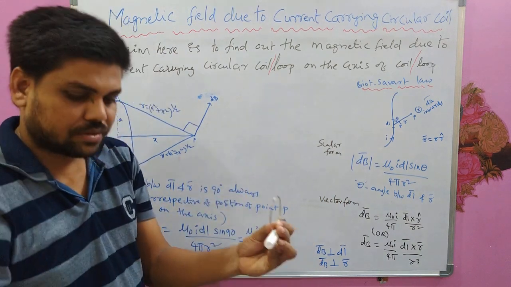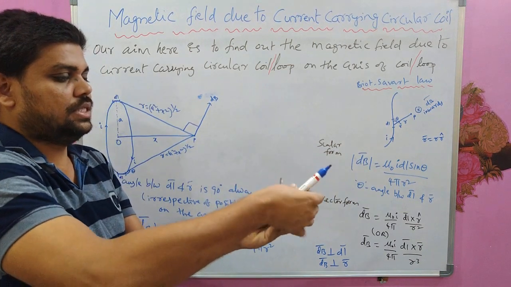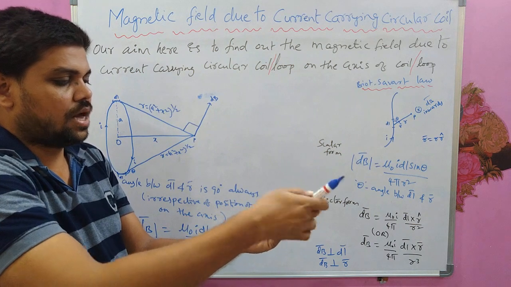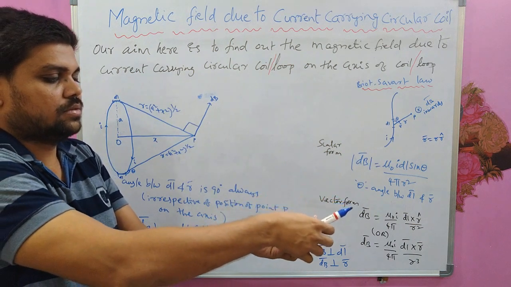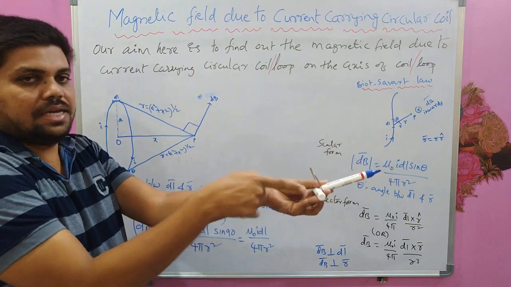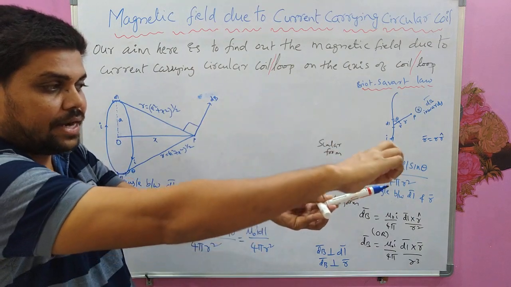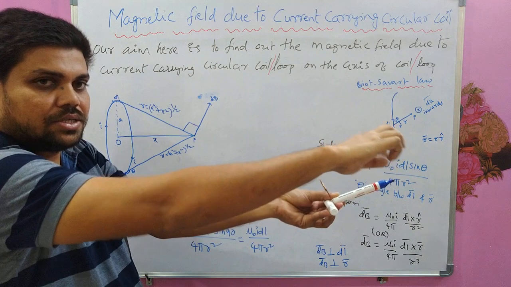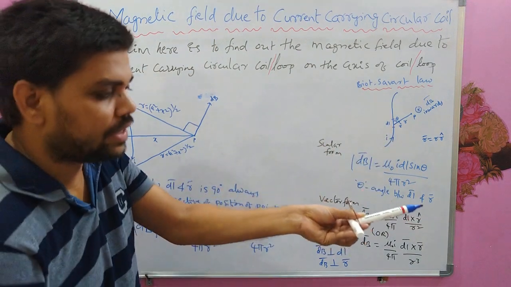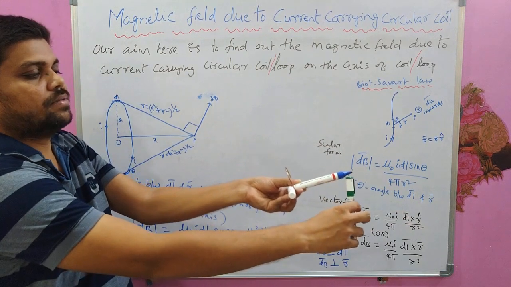And this is our r, r is this, dl is this, and dB at this point should be perpendicular to this and this, and here it is this way.